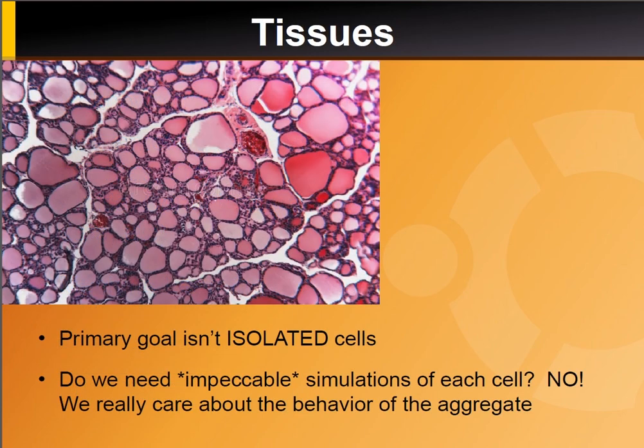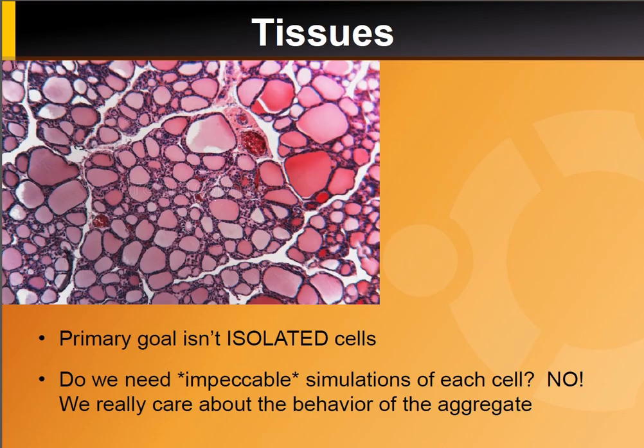Something to keep in mind is that we have been talking about individual virtual cells so far, but in the grand scheme of things, exciting as individual cells are, our interest as far as medicine goes is really more about tissues. So one question that could really help is, do we really need to have impeccable simulations of each and every cell?